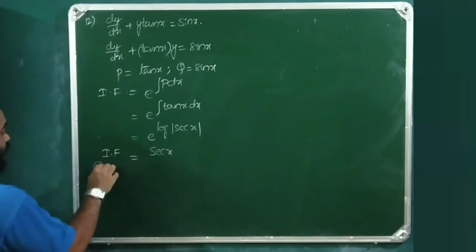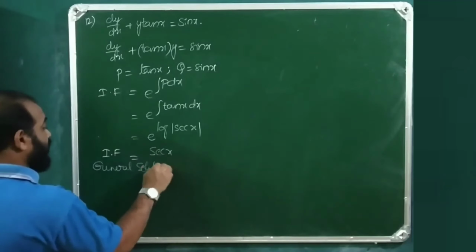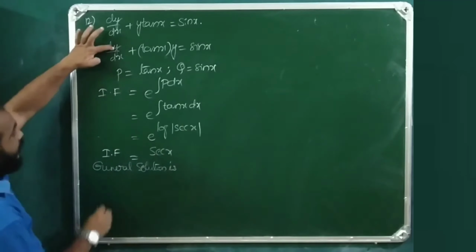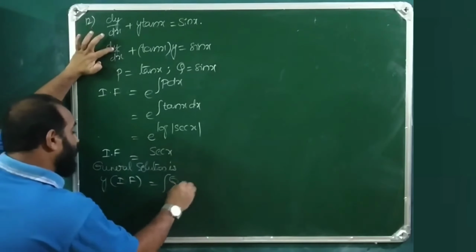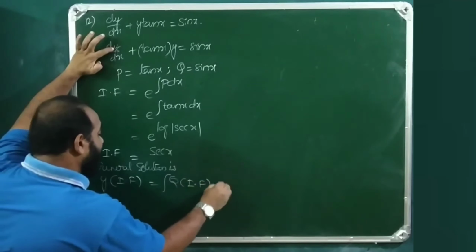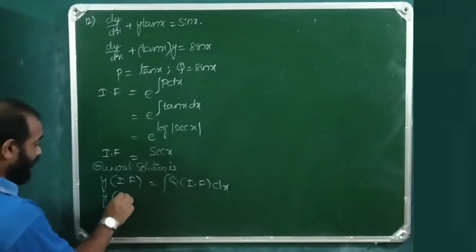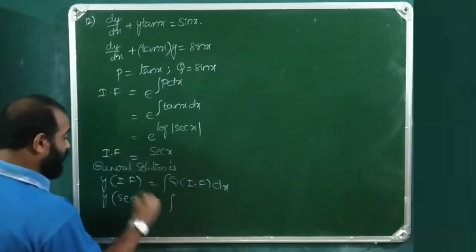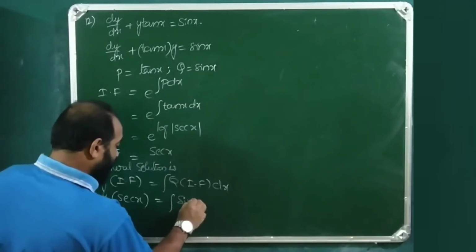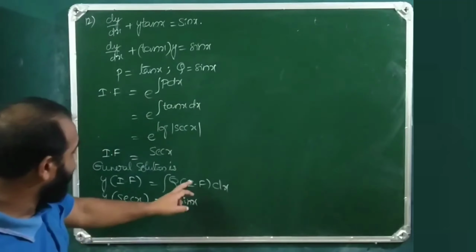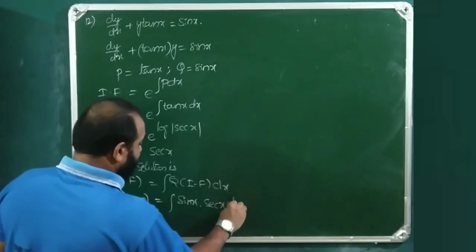So the general solution is y into integrating factor equals integral q into integrating factor into dx. So y into integrating factor, which is secant x here, equals q, which is sin x, into integrating factor, secant x, dx.